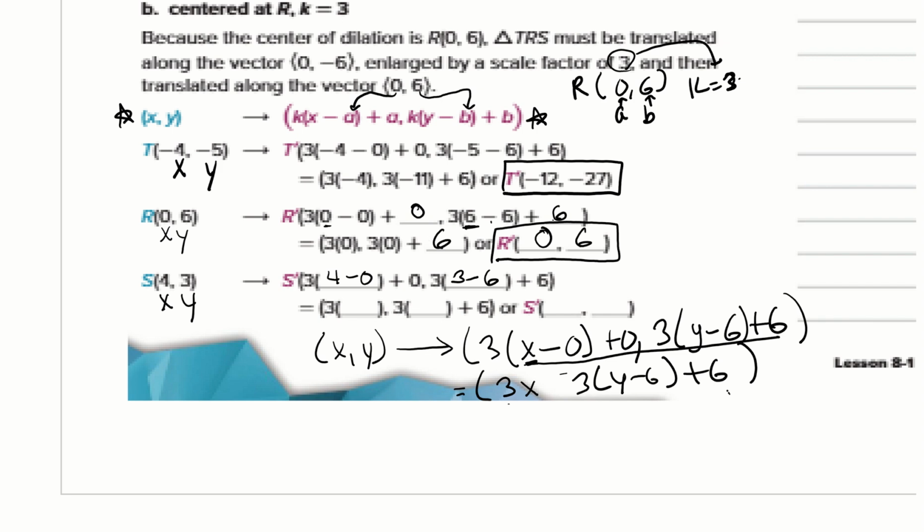But then we know that 4 minus 0 is 4. So 3 times 4. And then we got 3 times (3 minus 6), which is -3. All right, let's do the math. 3 times 4 is 12, right? Okay, and then we got 3 times -3 is -9. -9 plus 6 is -3. Okay, and that's my third coordinate.